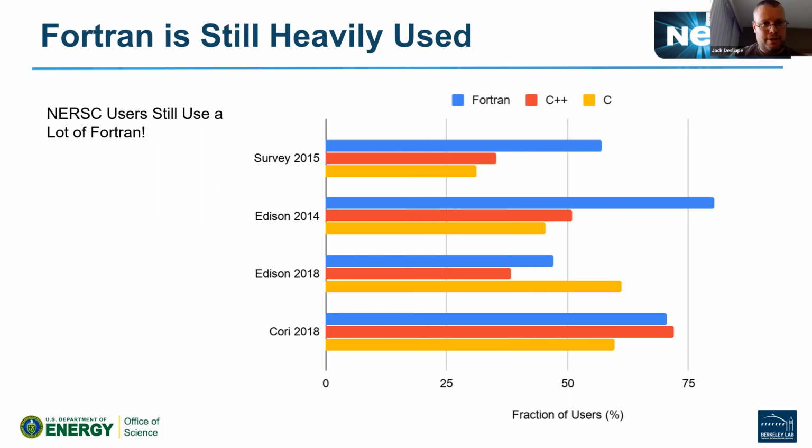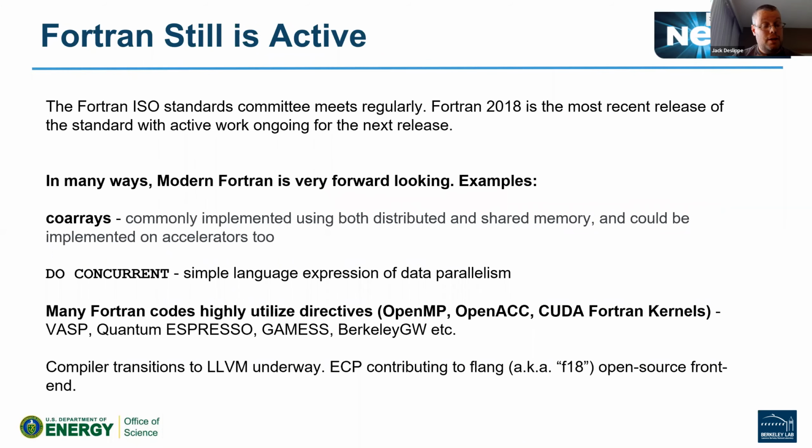Can you go to the next slide? The Fortran Standards Committee is actually really quite active. Fortran 2018, being the most recent release of the standard, includes a number of pretty forward-looking features.